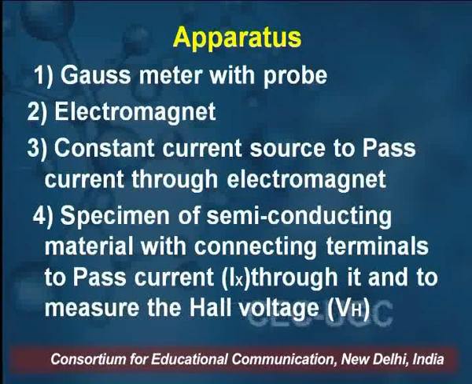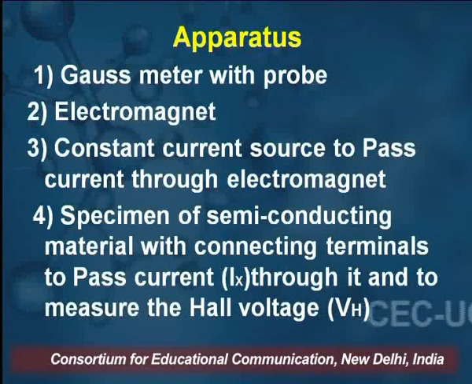Second is the electromagnet, which provides the magnetic field where we put the current carrying conductor. The magnetic field can be adjusted by the power supply to the electromagnet, and we put the Gauss meter probe in between the two parts of the electromagnet.